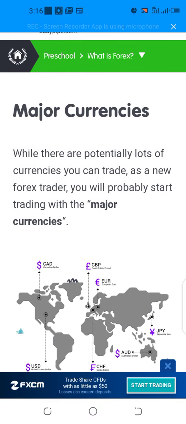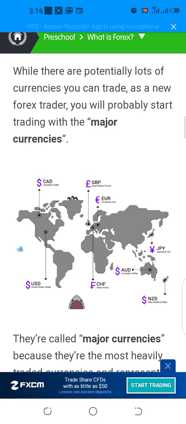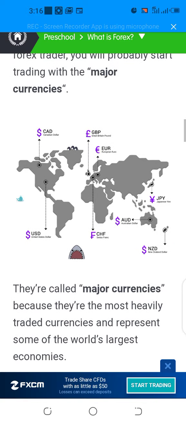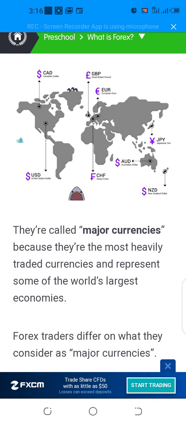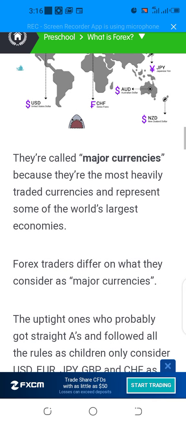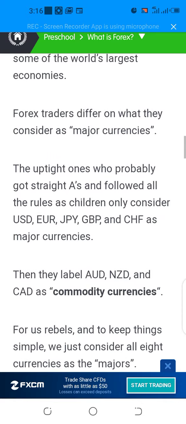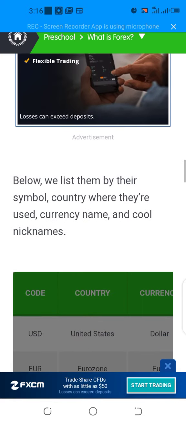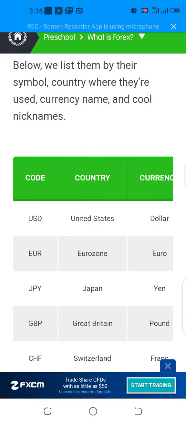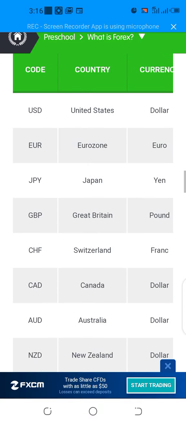Now, let us look at the market players. Number 1, the super banks, e.g. Citigroup, Barclays Capital, Deutsche Bank. Number 2, the large commercial companies, e.g. Apple. For example, Apple may buy yen to get Japanese electronics.